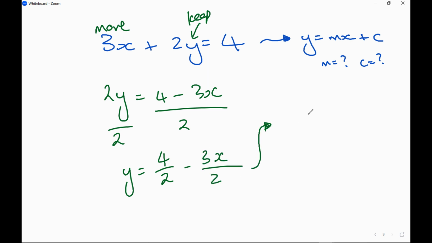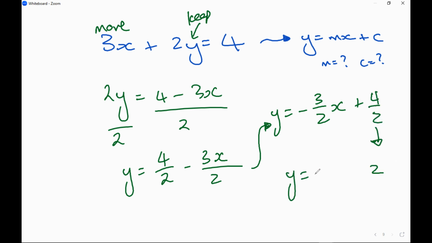And then rewriting it as y equals negative 3 over 2x plus 4 over 2. Now 4 over 2 is 2. Negative 3 over 2x just stays negative 3 over 2. They're distributing the 2 over there. So my m becomes negative 3 over 2, and my c equals 2.